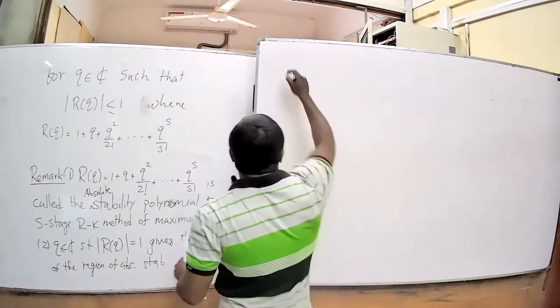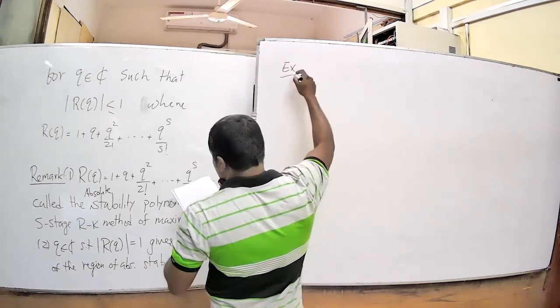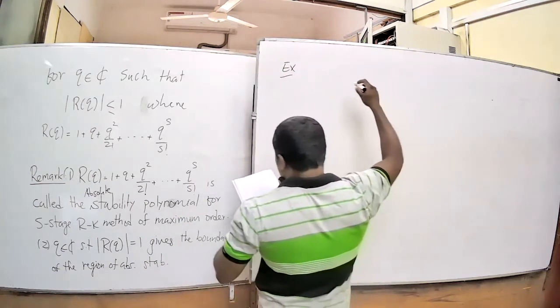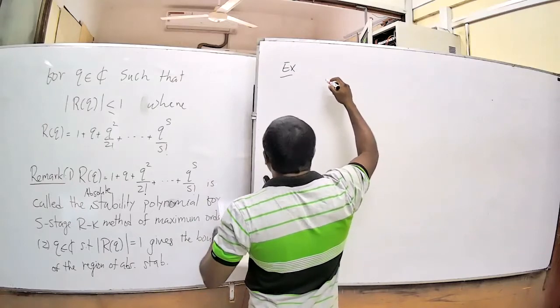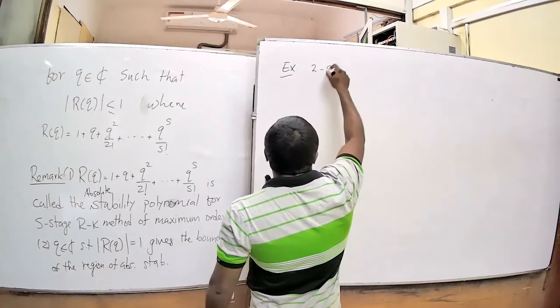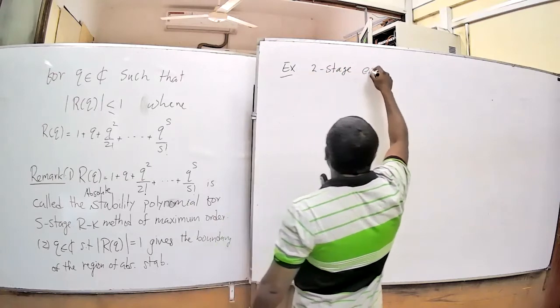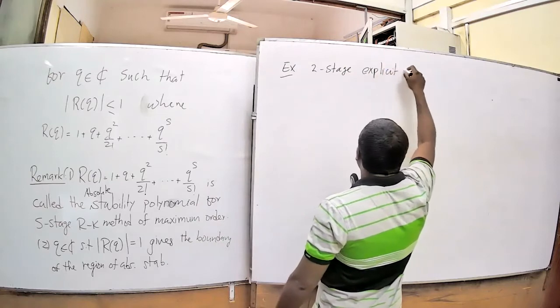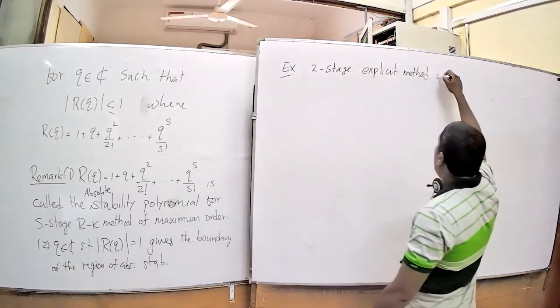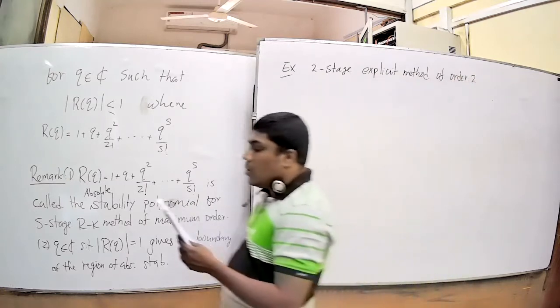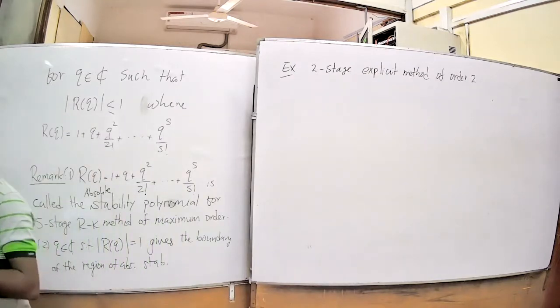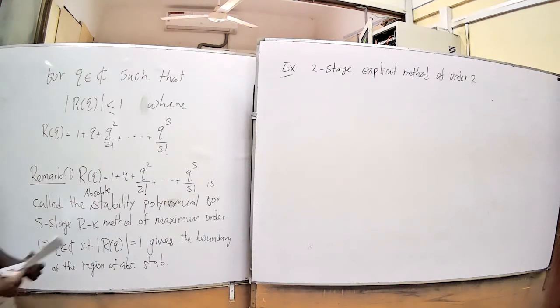So let me give you an example. A two-stage Runge-Kutta method of order 2. In this case, let us try to find the boundary and everything else.